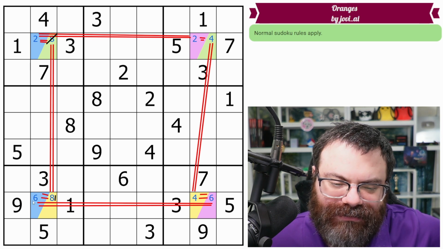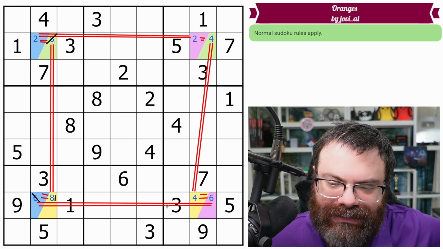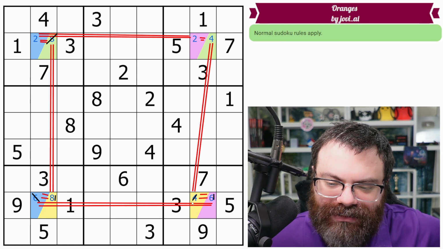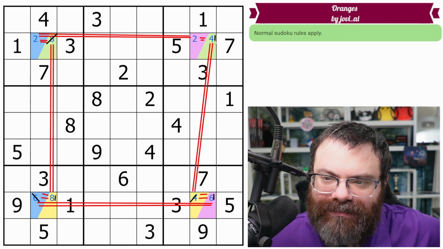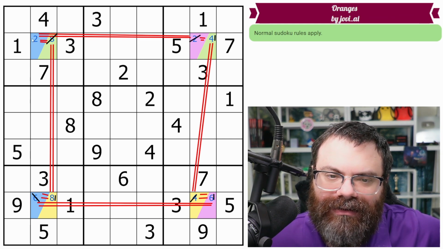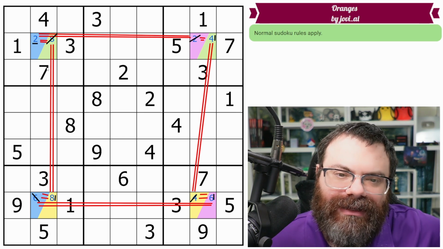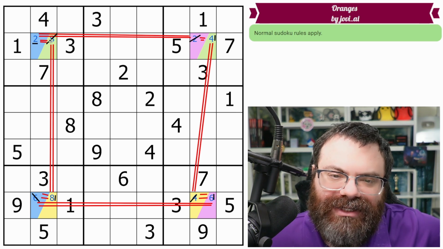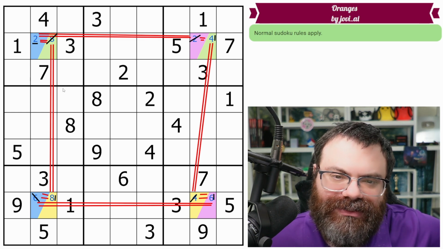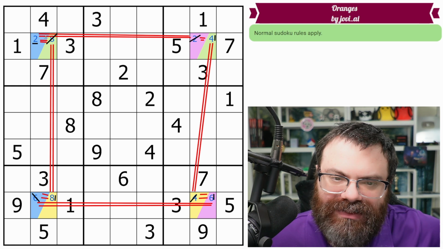Here, that 8 must be true. So this 6 is not true, which means this 6 must be true. So this 4 is not true, which means this 4 must be true, which means this 2 is not true, which means this 2 must be true. So if 8 is not true, we go this way through our continuous nice loop, and we prove this 2 is true. So we've now proved that this weak link becomes a strong link.